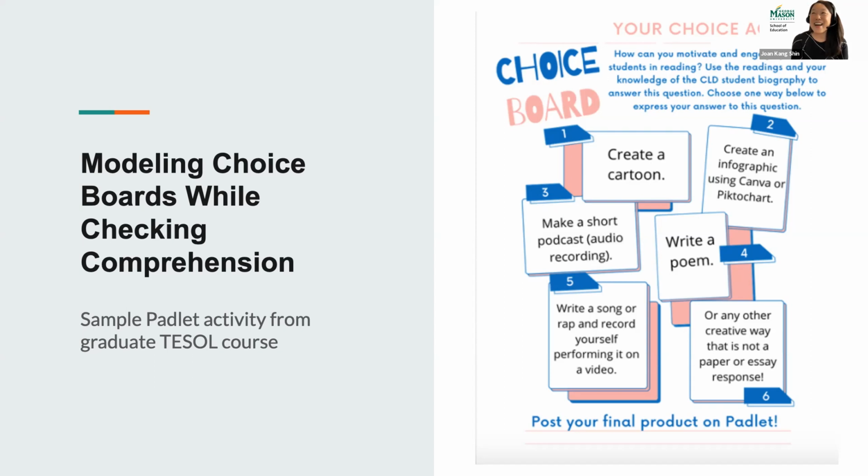And so I gave my own students an opportunity to show that they understood the readings about CLD students' literacy through different ways. So they had a choice. They could create a cartoon or create an infographic using Canva or Piktochart. They could make a short podcast or audio recording.